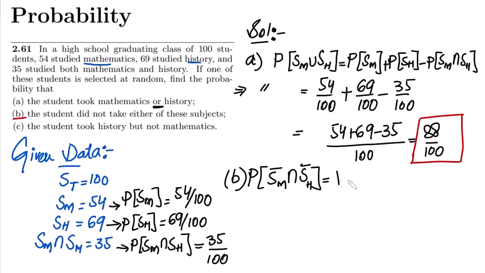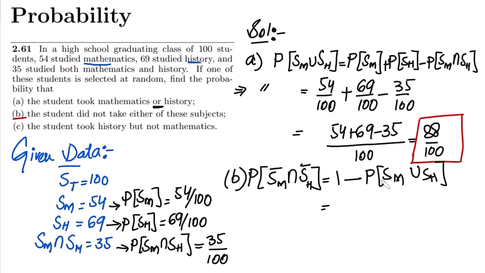It will be 1 minus the probability of taking either mathematics or history or both of them. This is a condition which corresponds with either of the options or both of them, that is basically the union.